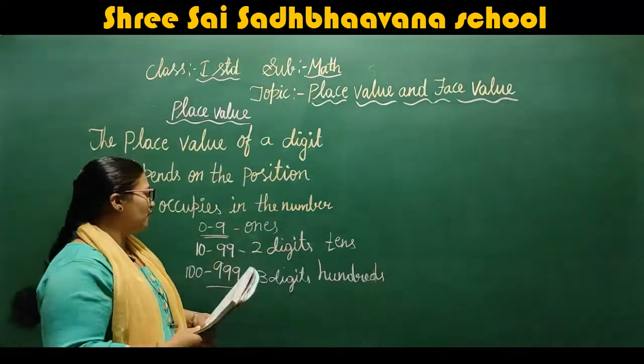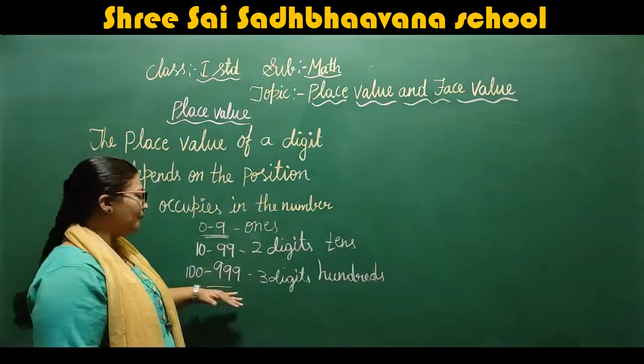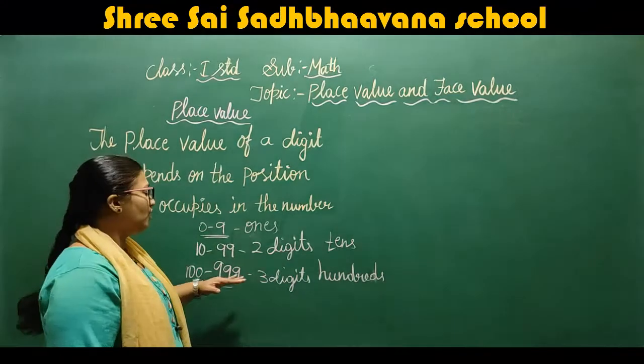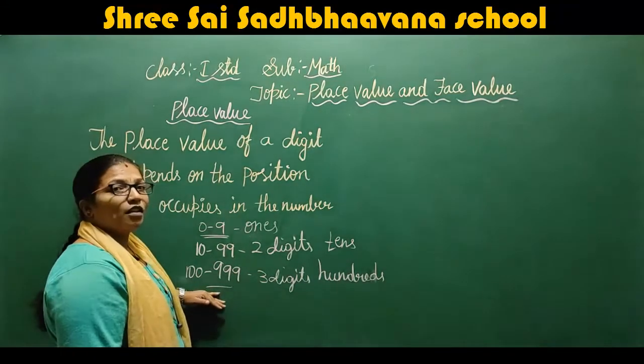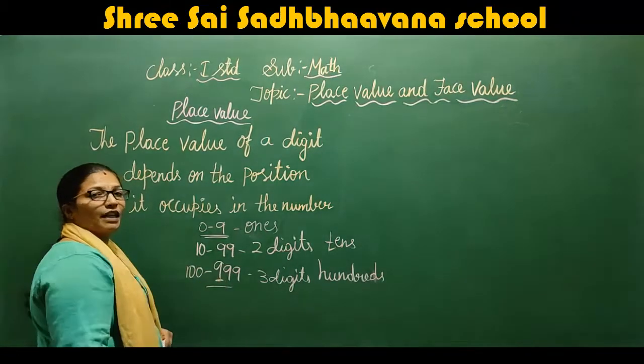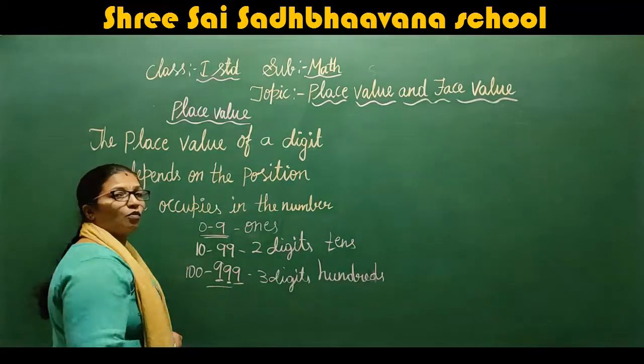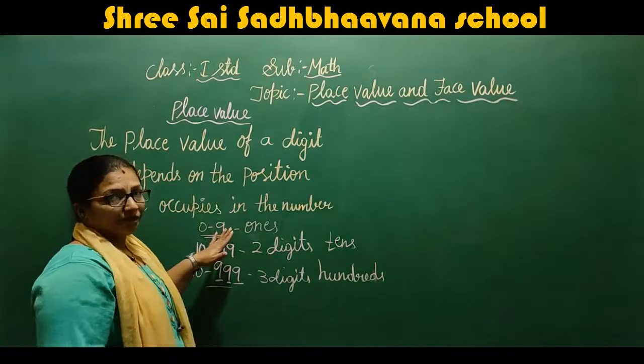So these are ones place numbers, these are tens place numbers, and these are hundreds place. In three digit numbers, this digit will be in hundreds place, this will be in tens, and this will be ones, right?